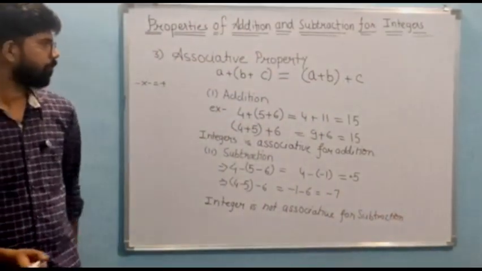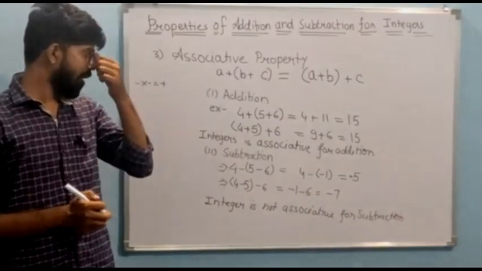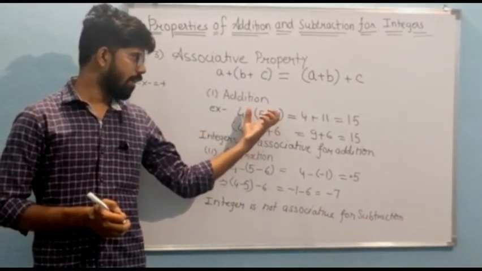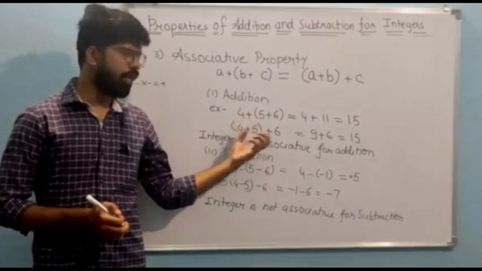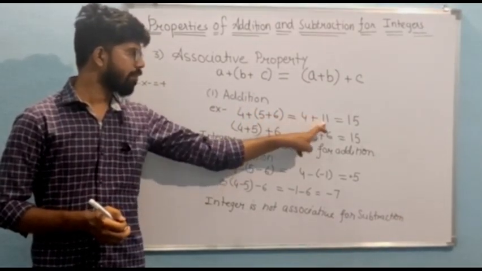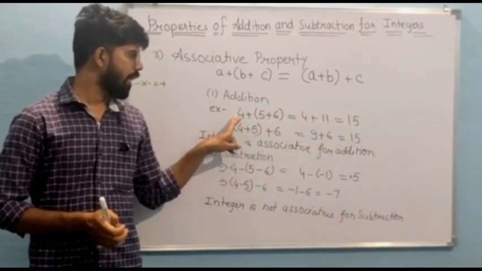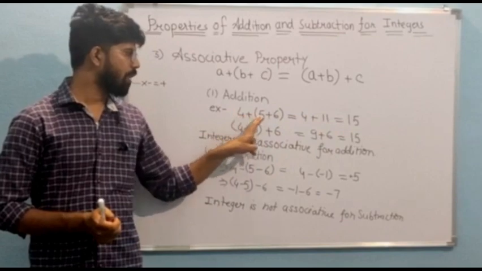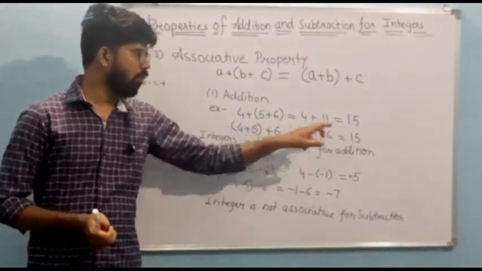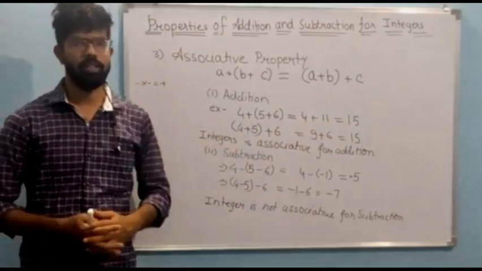Now let us recap. Here we have to check that when we solve a pair, first we solve 5 plus 6, what do we get? 11. 11 plus 4 is 15. In the second condition we add 4 plus 5 first, then 6, and we get 15. Both are the same, so integers are associative for addition.